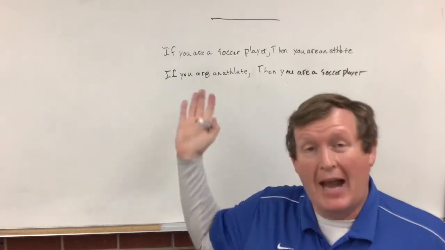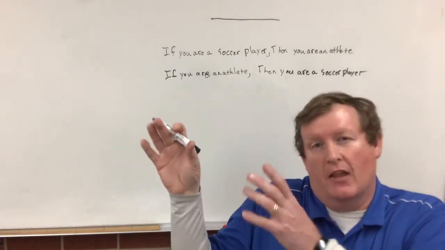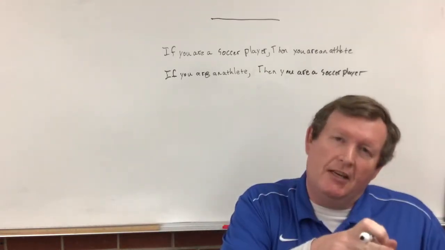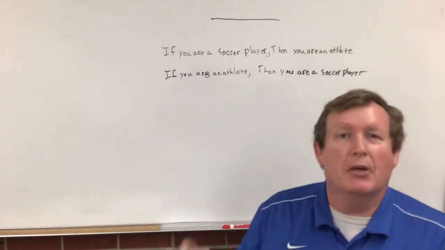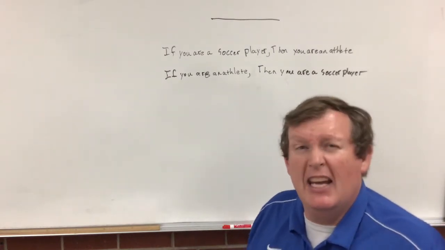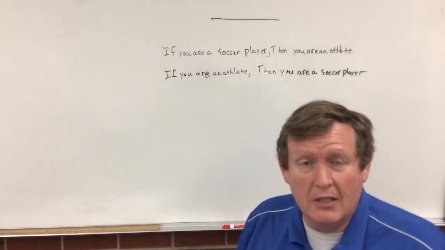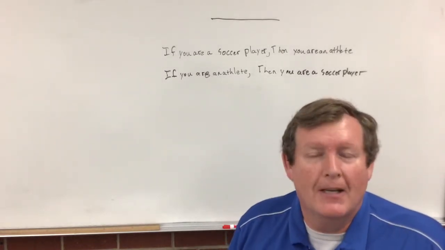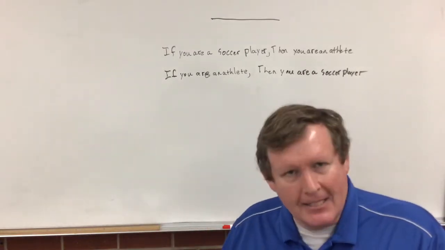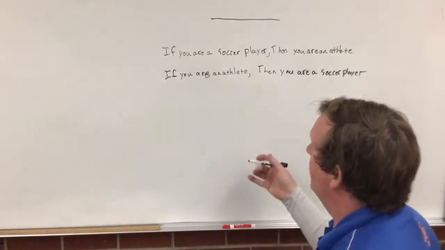Now, that's the first part. You write a Converse statement for each one, taking the then and putting it in the if part, taking the if part and putting it in the then part. The second part of that is to say, is this statement, the Converse statement, always true? And so you can say, yes, it's always true, or false, it's not. Let's look at the one we have.